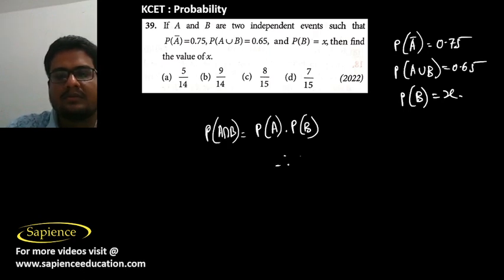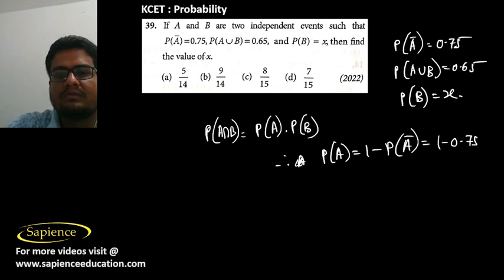So therefore P of A complement means that P of A will be equal to 1 minus P of A complement, that will be equal to 1 minus 0.75, so that is equal to 0.25.